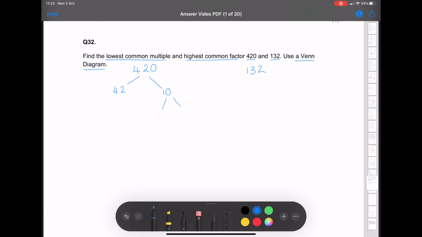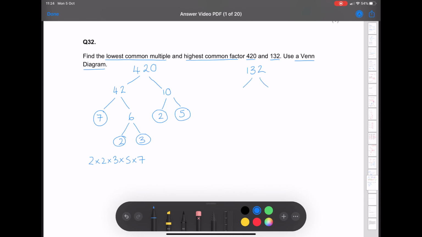And then 10 divided by 2 is 5, and they're both in their factors. So 42 divided by 7 is 6, and 6 divided by 2 is 3. And I've got all my primes now, okay? So I'm just going to write that here, 2 times 2 times 3 times 5 times 7, okay? I haven't written in index form yet, I'll do that later.